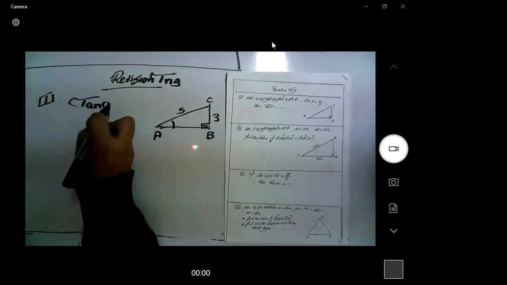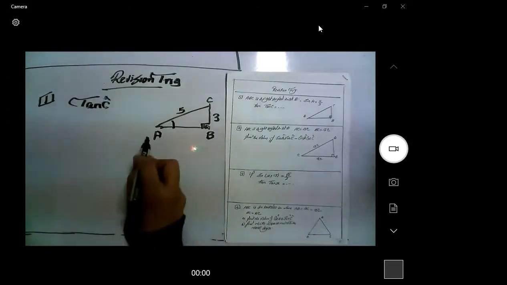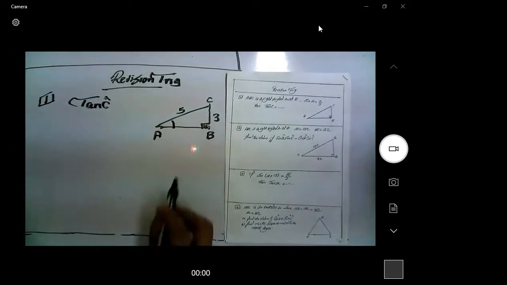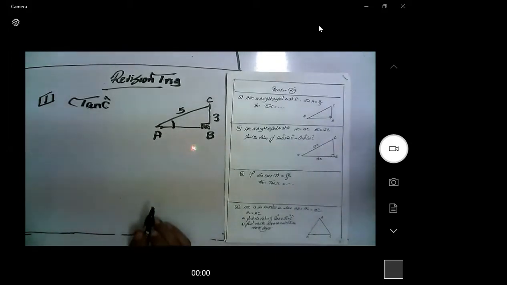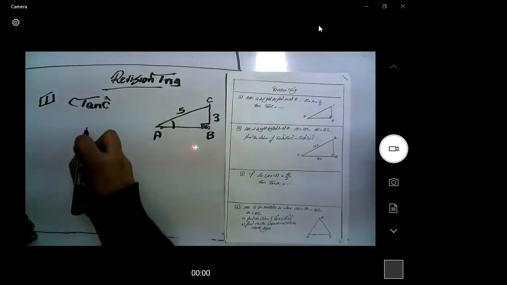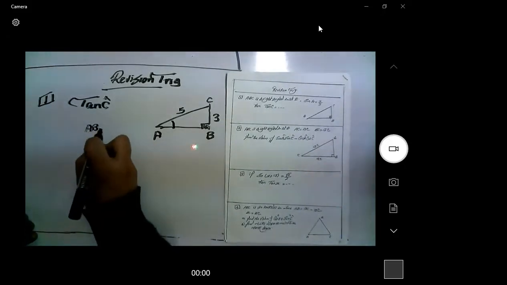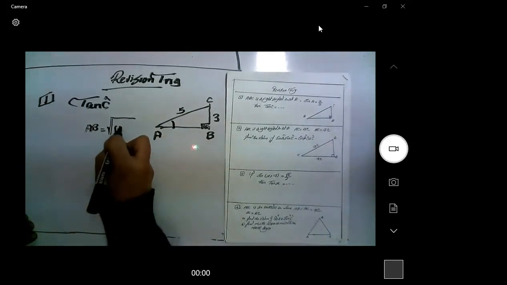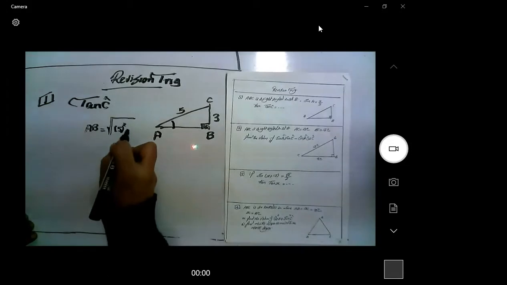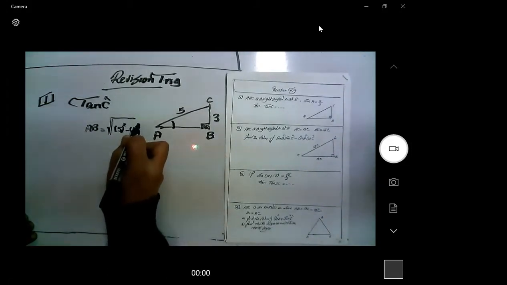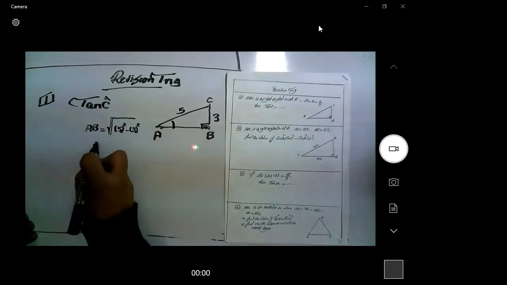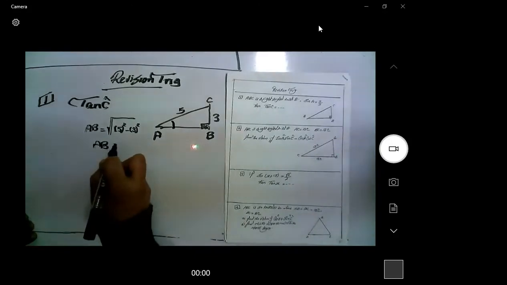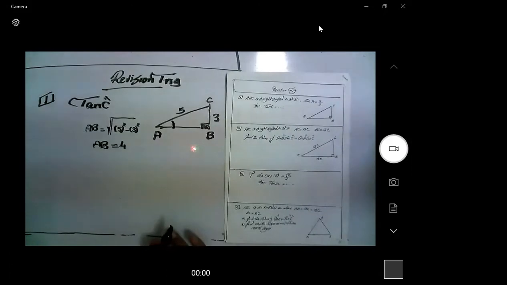Tan C. First, we are going to complete the lengths of the triangle. The length of BA, using Pythagoras theorem, AB equals square root of AC square, 5 square, minus 3 square. Then AB equals 4, sorry. You know that 3/5 is a ratio.